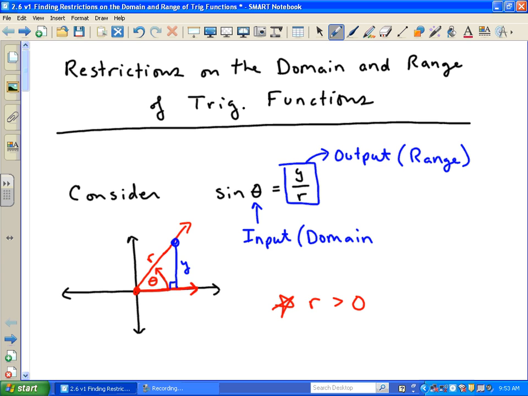As you think about sine as defined as y over r, there's two things that I'd like to think about. First of all, is there any kind of restriction on the value that we can plug in for theta? Think about your values for theta as being the location of the terminal side as you rotate an angle around.